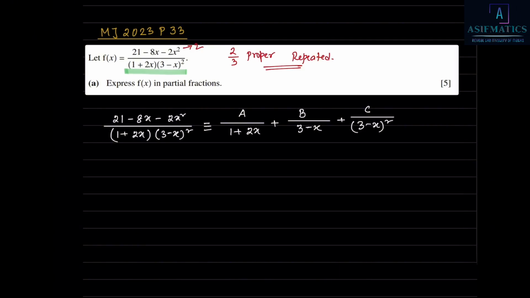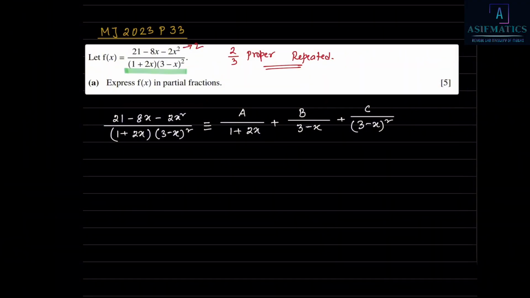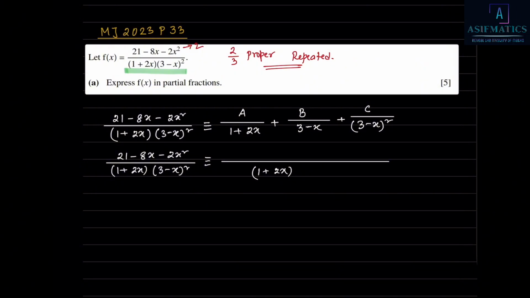Now we can write this one as (21 minus 8x minus 2x square) divided by (1 plus 2x)(3 minus x whole square), identical, and then we can write the common factor here. So the common factor is 1 plus 2x and 3 minus x whole square.